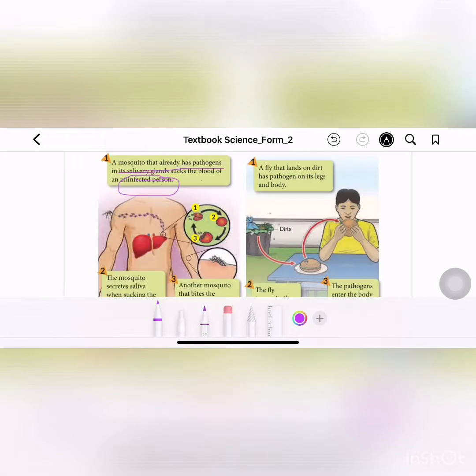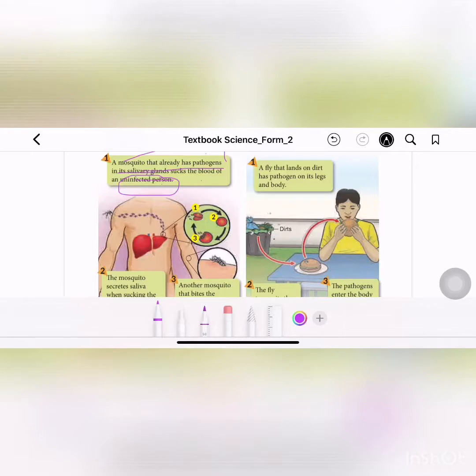Okay, maybe but how this mosquito can get the virus inside? Okay, one way is the mosquito get the virus, the dengue virus, from another infected person.